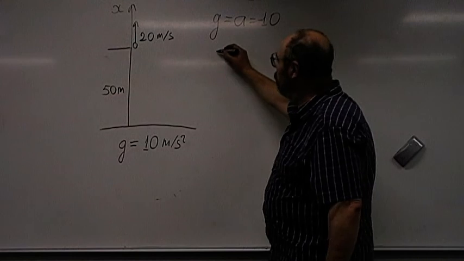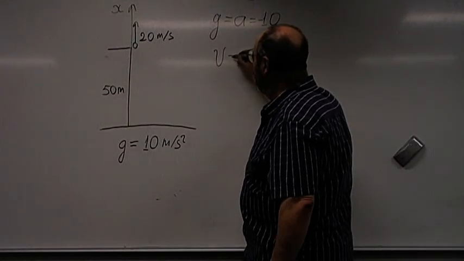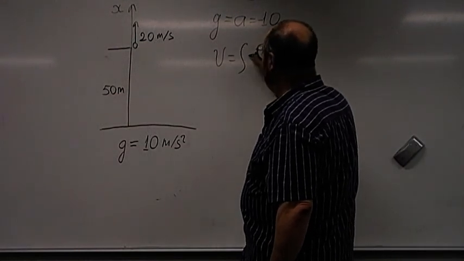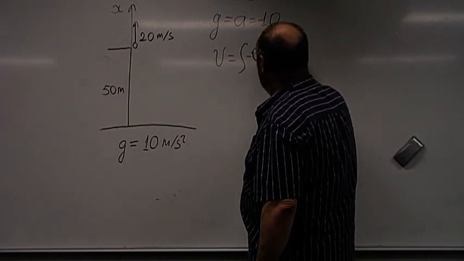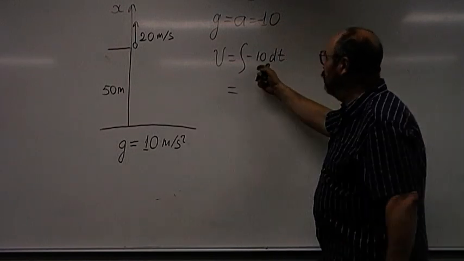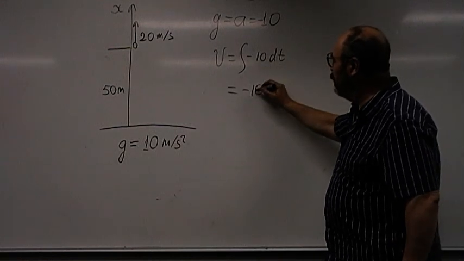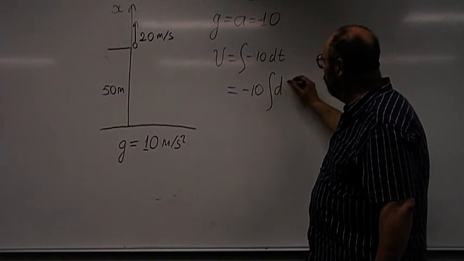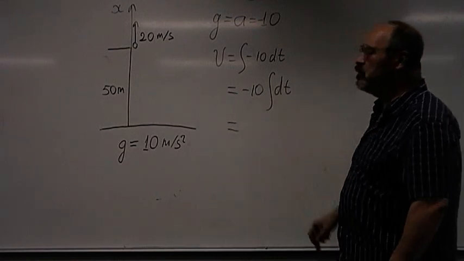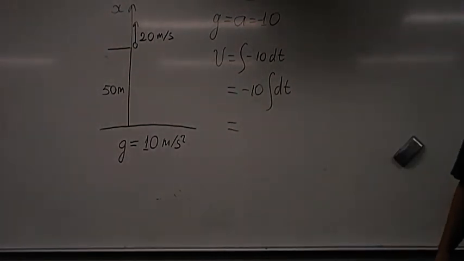Then velocity is the antiderivative of negative 10 dt. We take negative 10 out and get the antiderivative of dt.